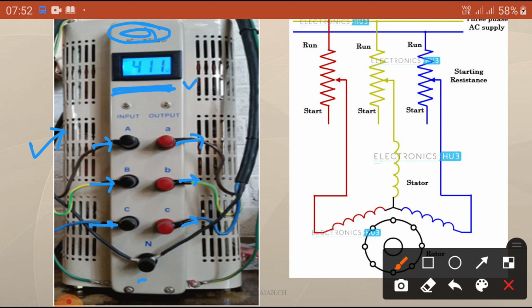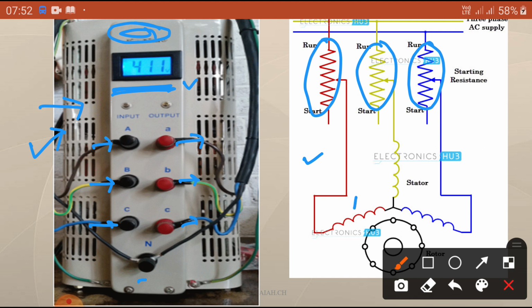If you are an electrical student, I want you to know what the circuit diagram is. So this is the circuit diagram. The R phase has a winding here, the Y phase has a winding, and the B phase has a winding. Then this is our motor stator with R phase, Y phase, B phase connected, for example in star connection.